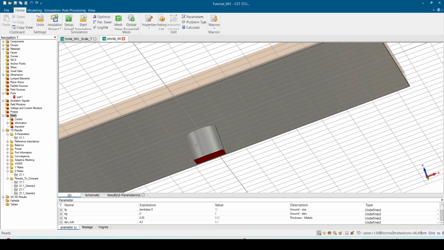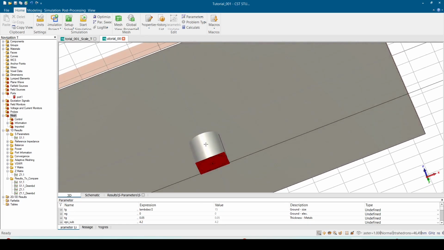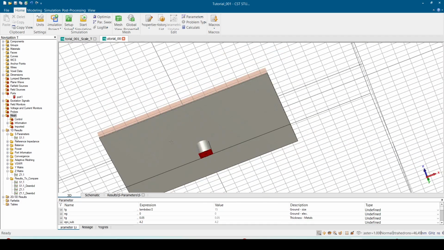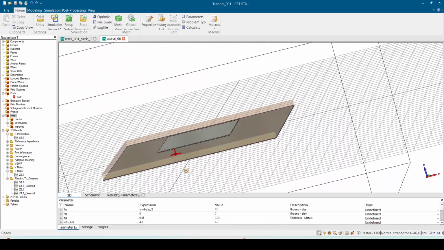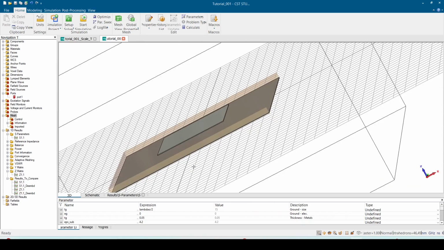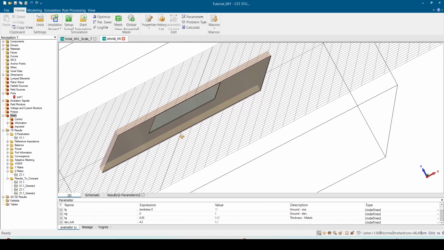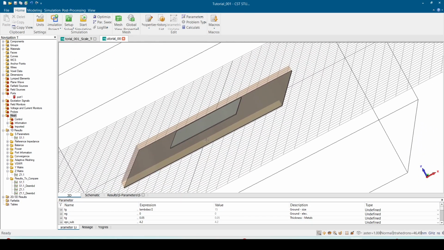So we define the coaxial transmission line and the waveguide ports. Just for reference, we press Control and the mouse to rotate, Shift to move in this way, and Shift and Control together to drag, okay?